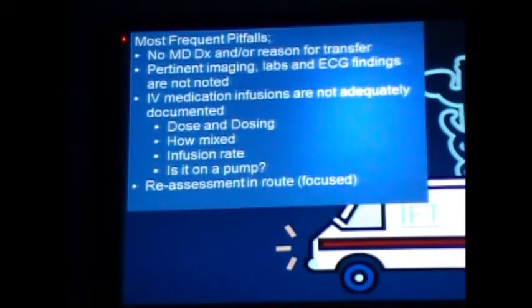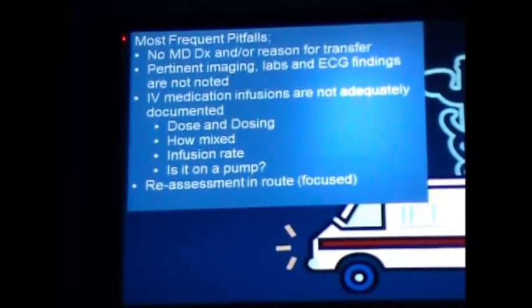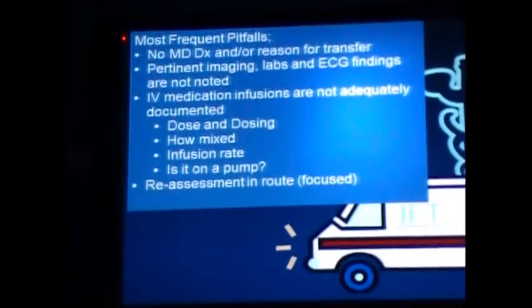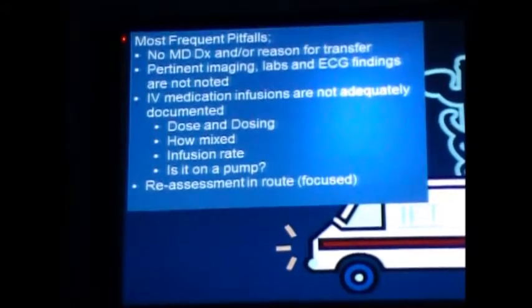But if you got a variance for whatever reason, the critical care transport criteria and standard would be that it be put on a pump. So you need to tell me it's on a pump, it's running at this rate, which equals this dose, because it's mixed this way. So this is a huge issue that I see, with their medical directors having issues with it as well.